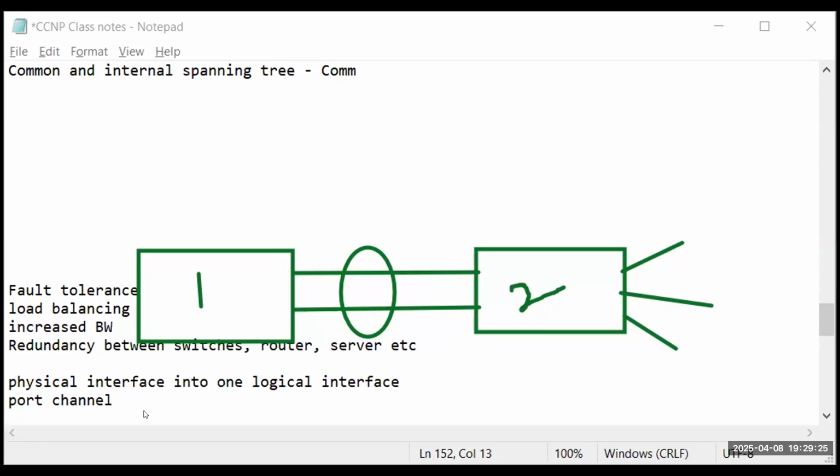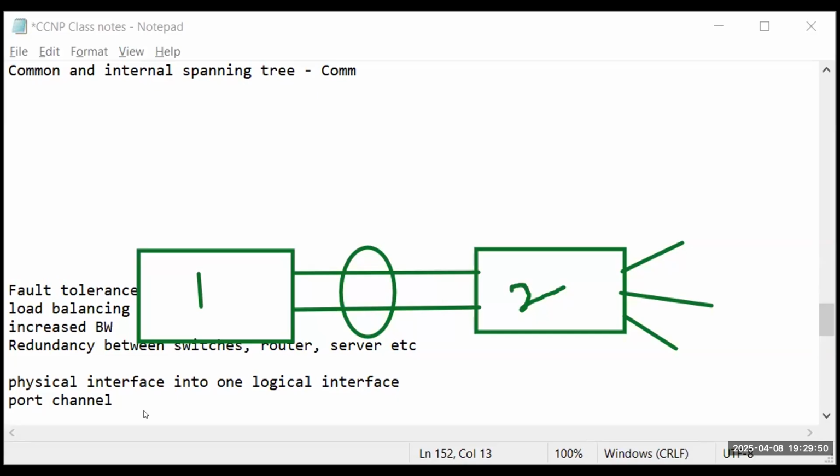So load balancing takes place between the links as a part of the Ether channel. If all the links are active, the load from switch 2 to switch 1 is equally distributed on all the physical links. Ether channel creates an aggregation, as seen in the diagram, as one logical link.